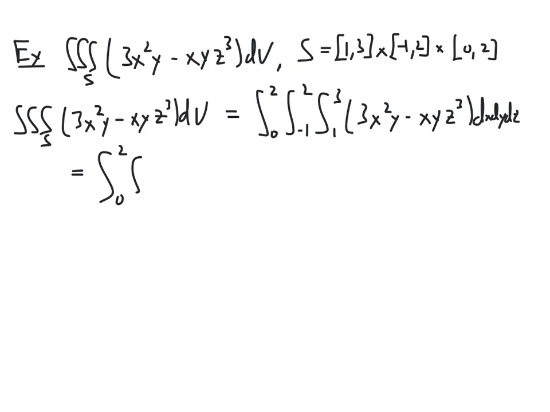All right, and now we just compute iterated integrals as we did with double integrals. So we'll compute the inside integral first. So first integral, we're integrating with respect to x. So when we anti-differentiate this function, we're going to get 3 times x cubed over 3, so the 3's will cancel. And so we have x cubed y minus 1/2 x squared yz cubed, and that's going to go from 1 to 3.